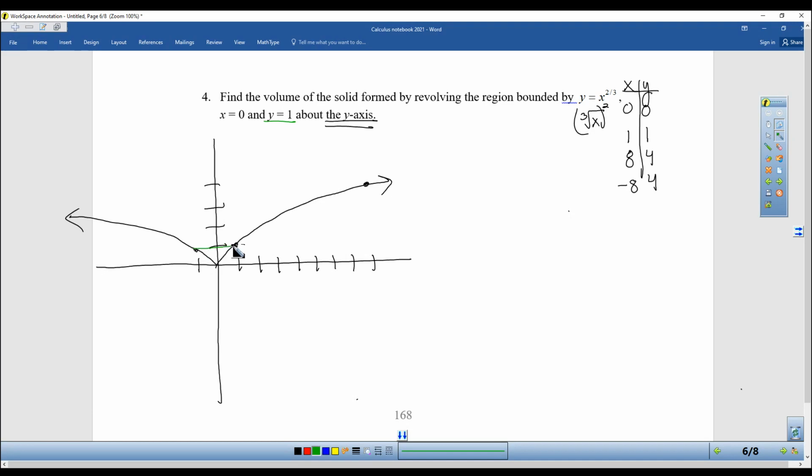So this line right here. So we're bounding the region by this curve and by x is equal to 0 and y is equal to 1. So like last time, I only want one of these two sections, but it doesn't matter which one you pick, because as soon as you start to revolve it around, they're going to look the same.